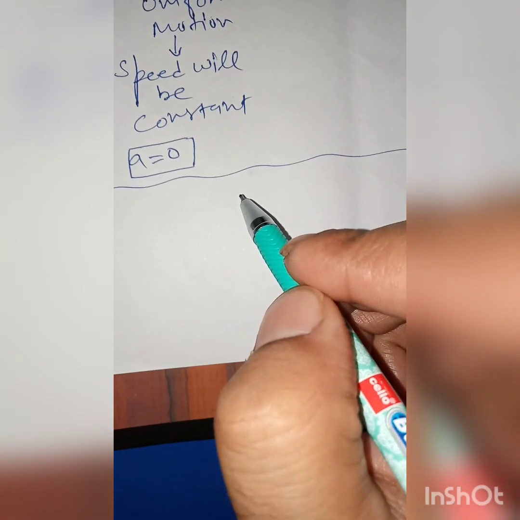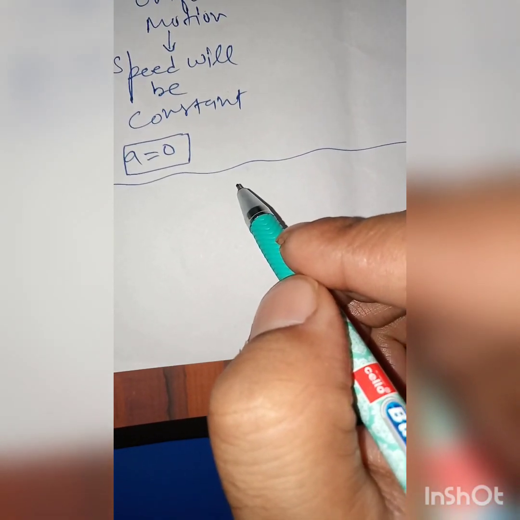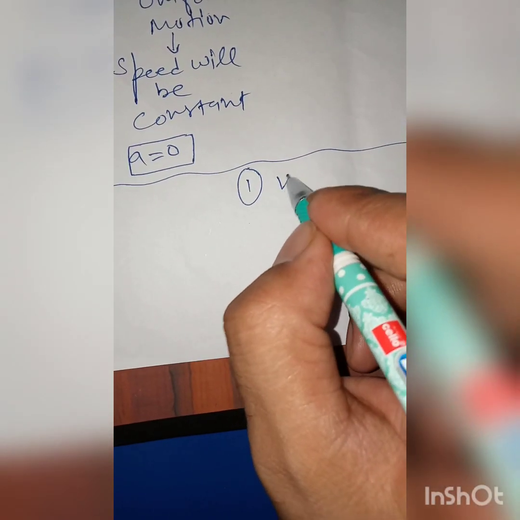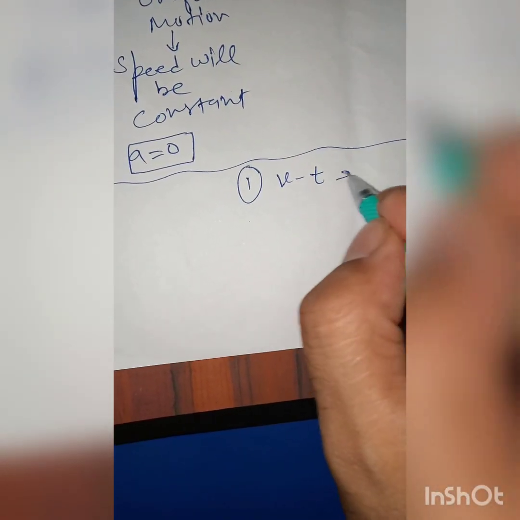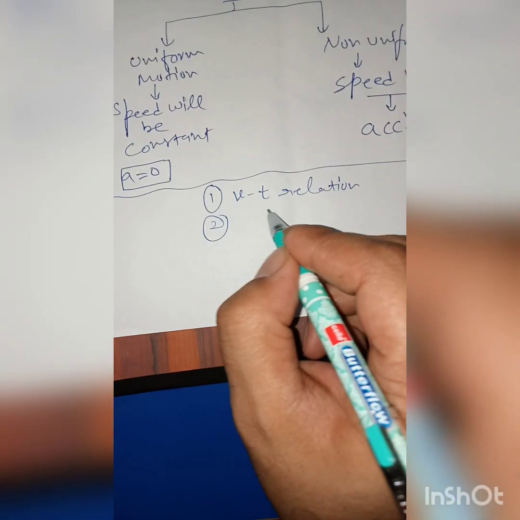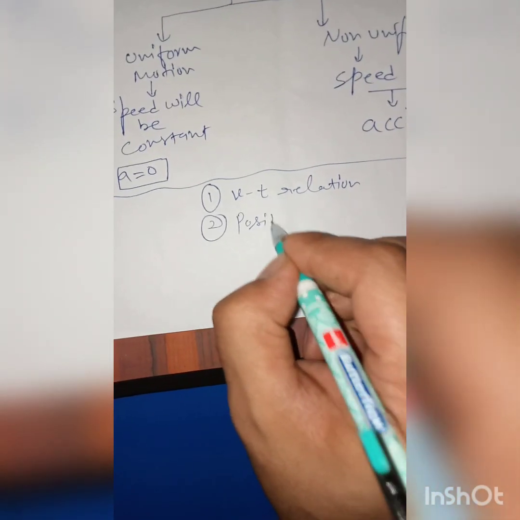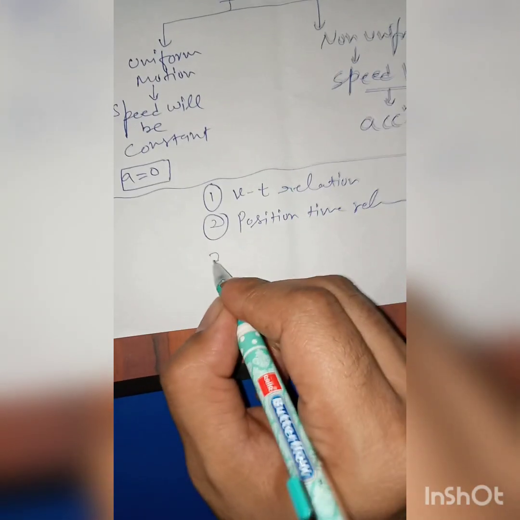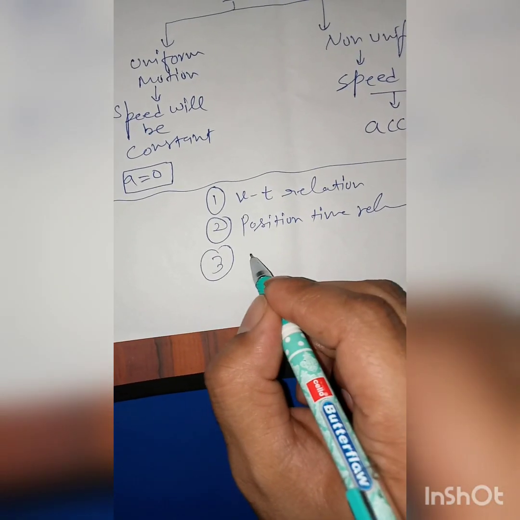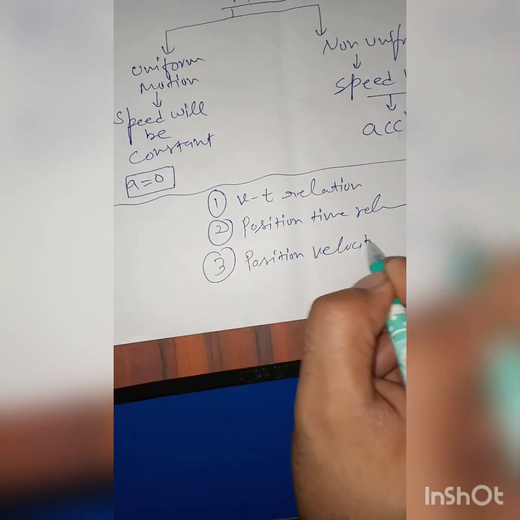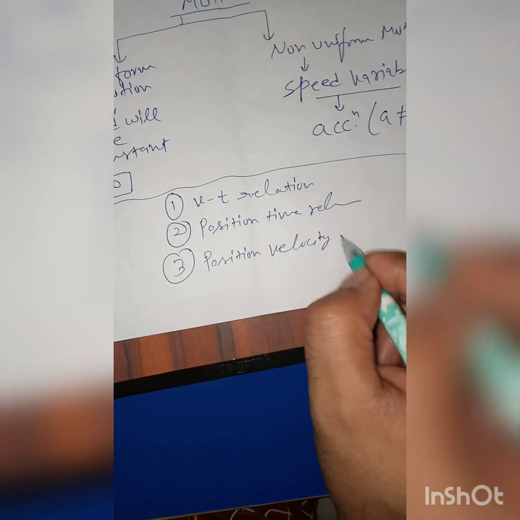In this chapter, there are 3 equations of motion. First, velocity time relation. Second, position time relation. Third, position velocity relation.